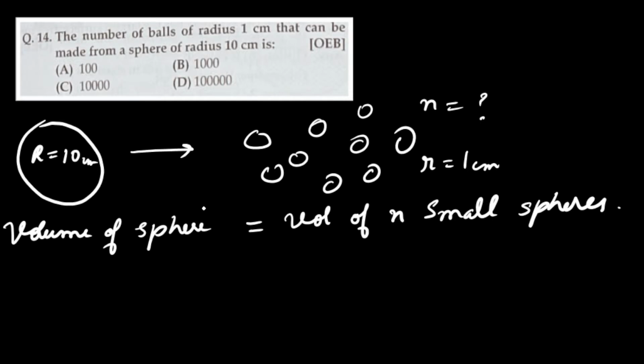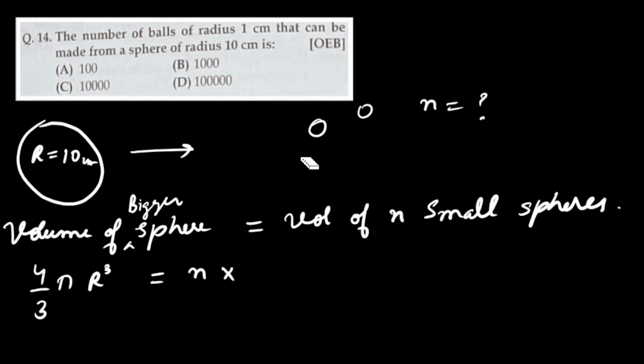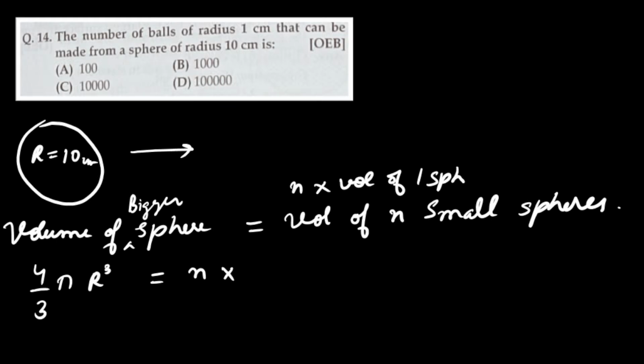Let's see. Volume of bigger sphere is 4 by 3 pi r cube. This is equal to volume of n small spheres. We'll multiply n into the volume of one sphere.